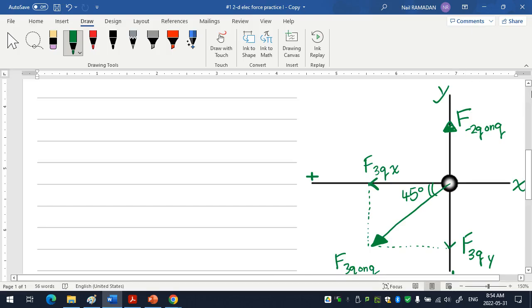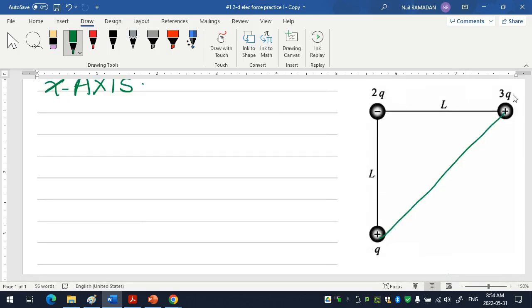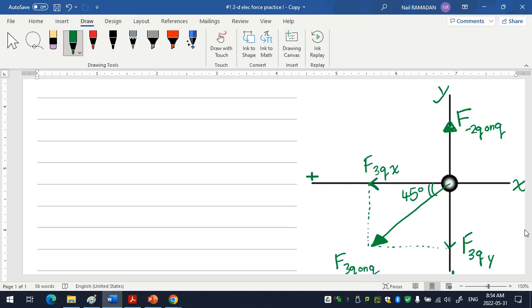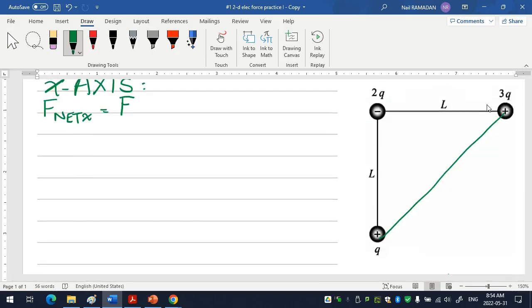So we say F net on the x is equal to F3qx, which was equal to F3q on q, cosine of 45 degrees.